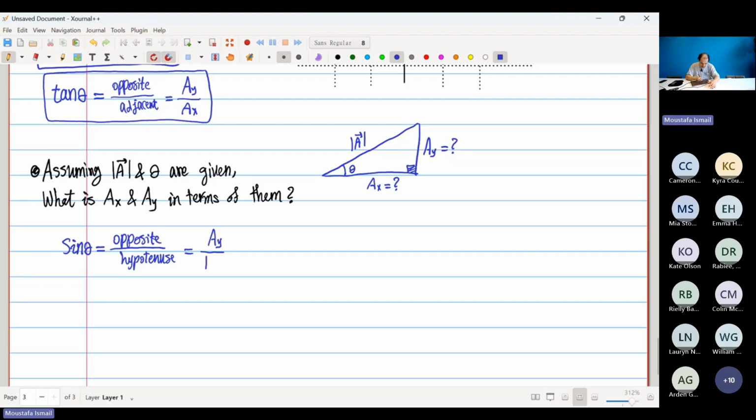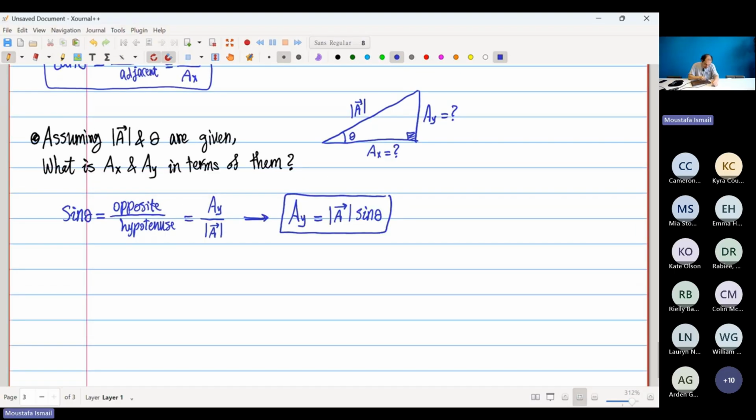The hypotenuse is the magnitude of A as a vector. We can then rearrange this by multiplying both sides by the magnitude of A. So we get ay is equal to the magnitude of A times sine theta. So assuming we know the length and angle, we can just multiply the length by sine of the angle to get the y component.